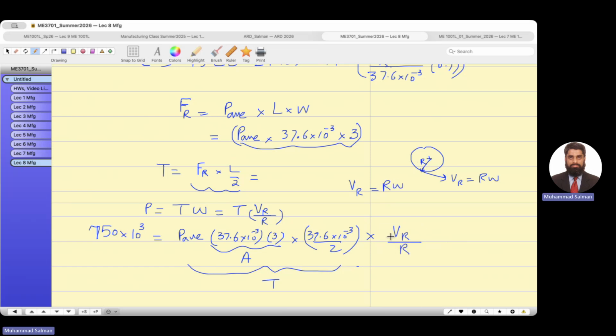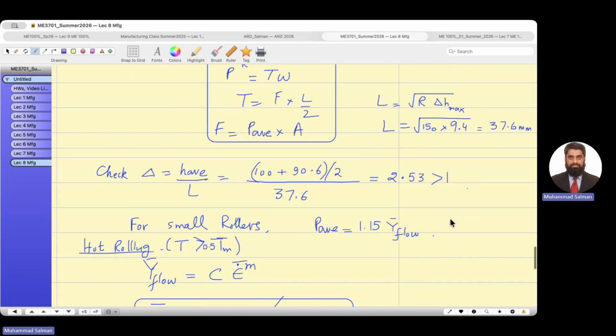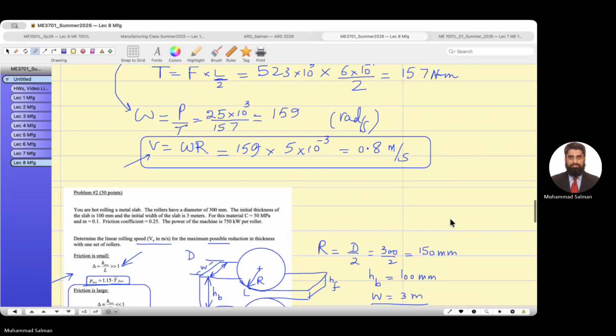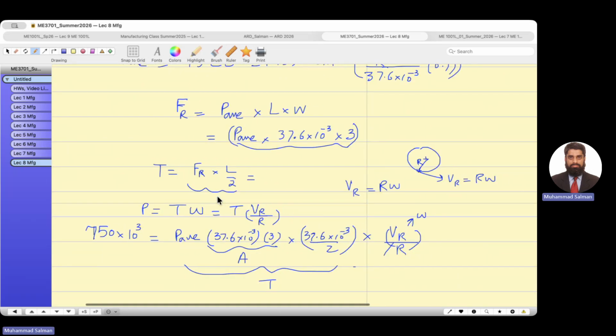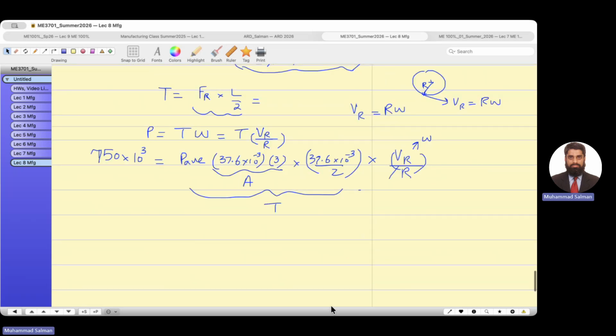VR over R equals omega. You see my point? Did I make the same mistake before? No, I did not. I wrote down R, not L by 2. You understood that mistake? So now, from here, everything is known except VR.